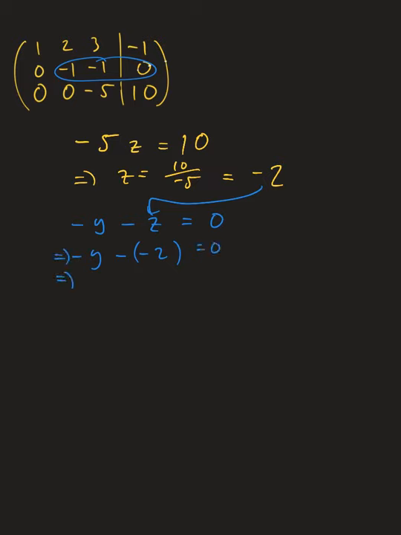That implies that minus y plus 2 is equal to 0, which implies that y is equal to 2. Let's go back to the first line. We have y and z, so let's get x. That first line says that x plus 2y plus 3z is equal to minus 1.